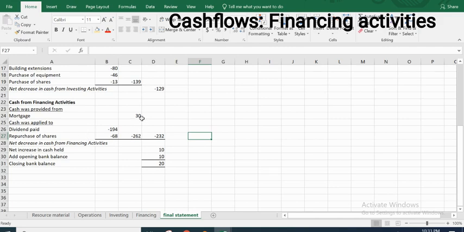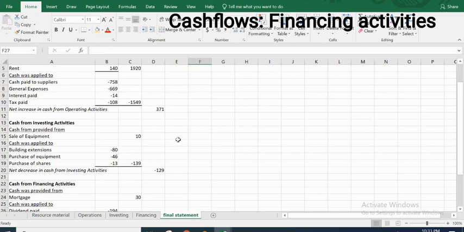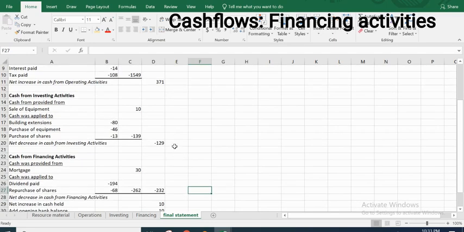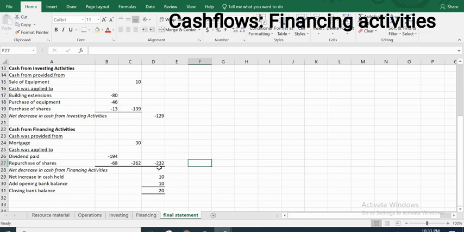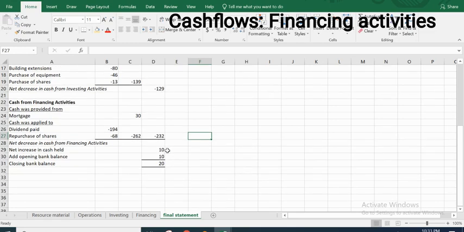So in this case, we received $30,000 in mortgage, but we have paid out in dividends and the repurchase of shares $232. Now, if we get those net amounts, that increase of $371, decrease of $129, and a decrease of $232, we're going to get a net increase in cash held of $10,000.